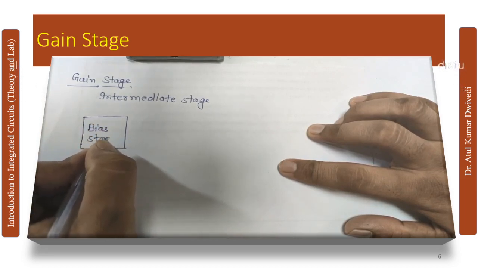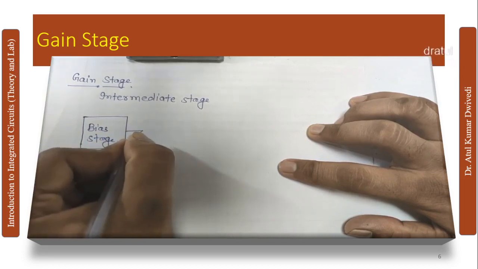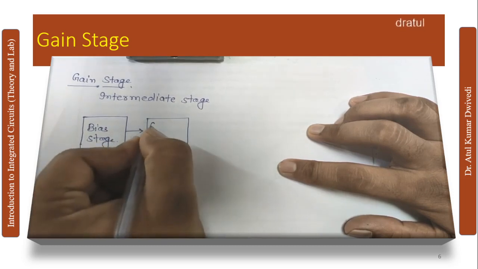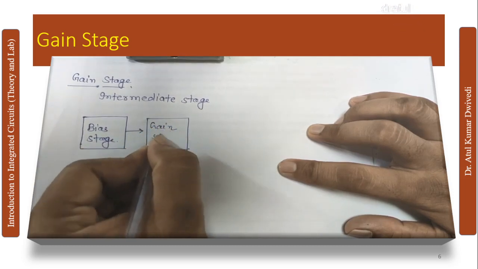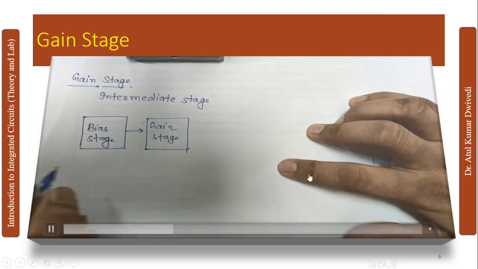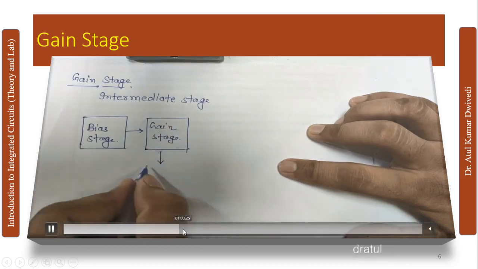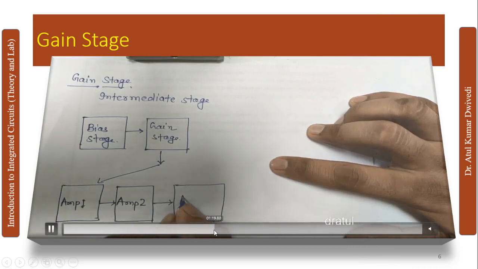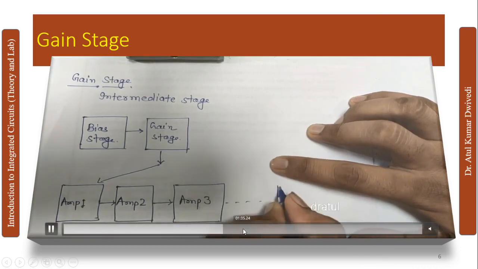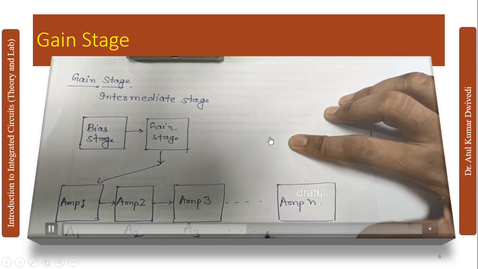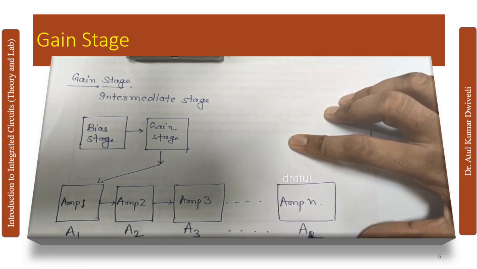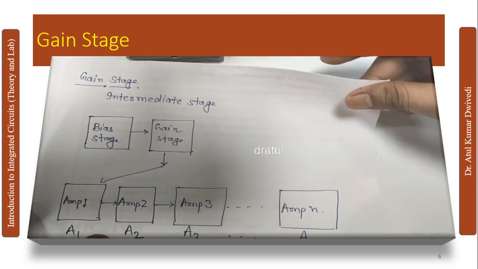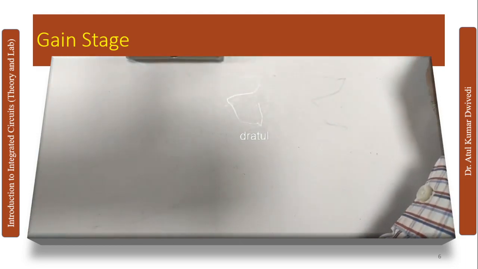So in the gain stage, there are amplifiers. Let us take amplifiers in cascade, like amplifier 1 and amplifier 2, then amplifier 3, and so on up to amplifier n. Let us take n number of amplifiers. The first amplifier has gain A1, the second has gain A2, the third has gain A3, and so on, and the nth has gain An.